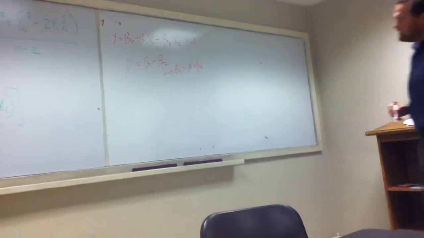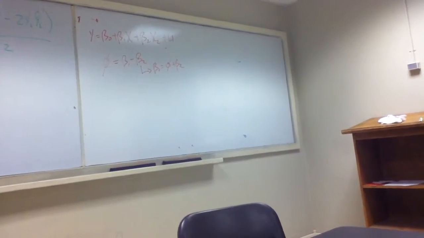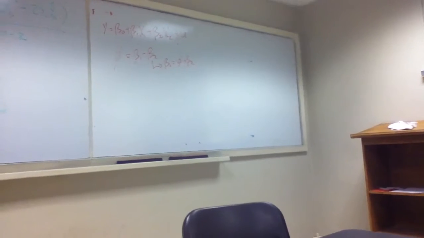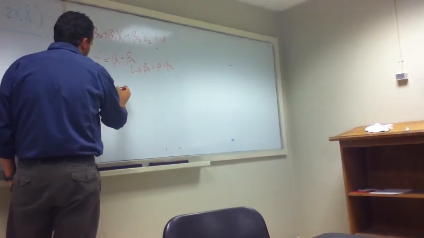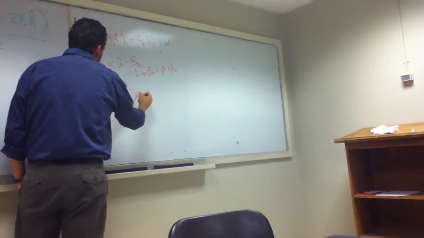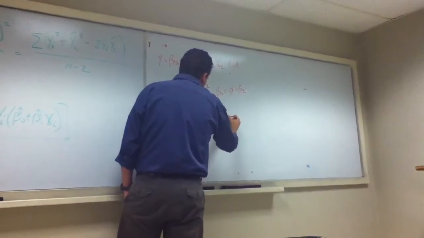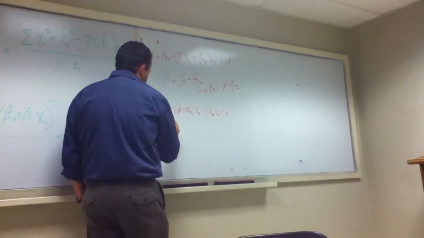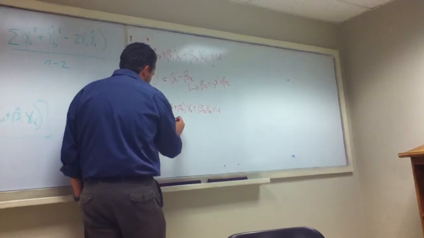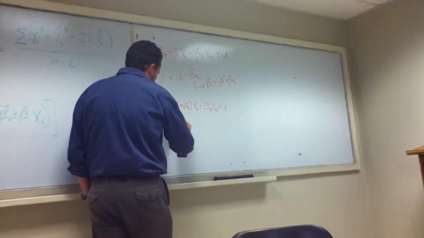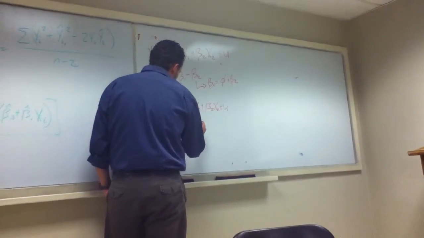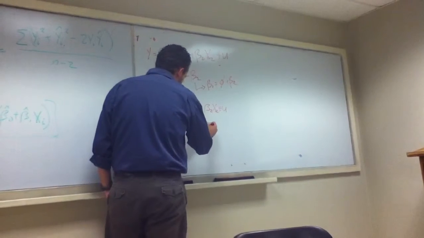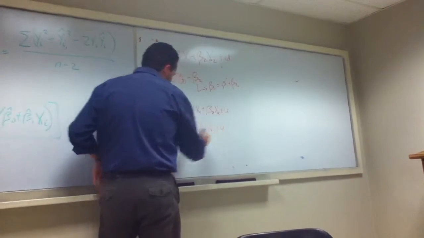So you could add beta 2 to both sides and get beta 1 equals phi plus beta 2, and then substitute this into here, like we would do when we reparameterize. So that should be what we get there.